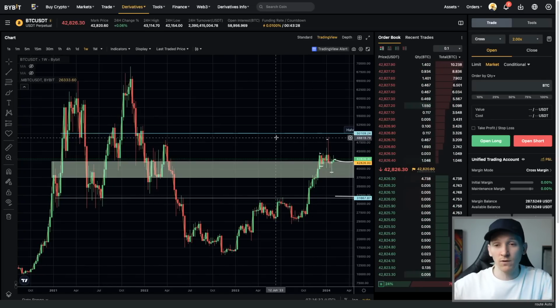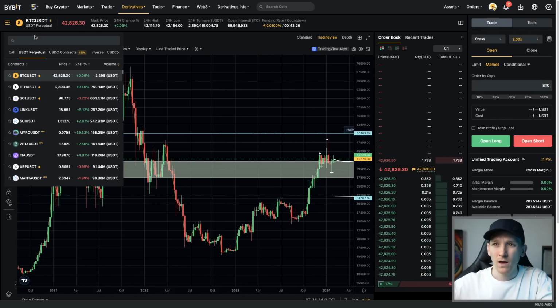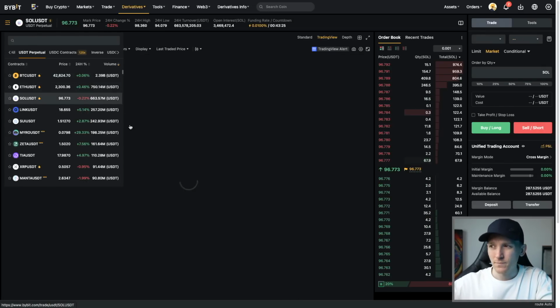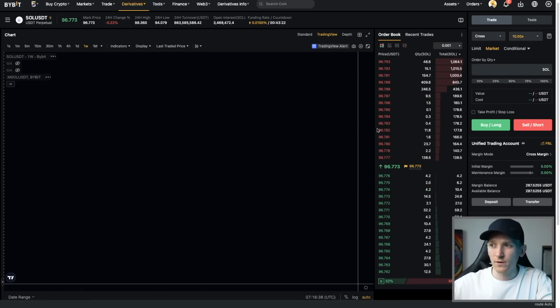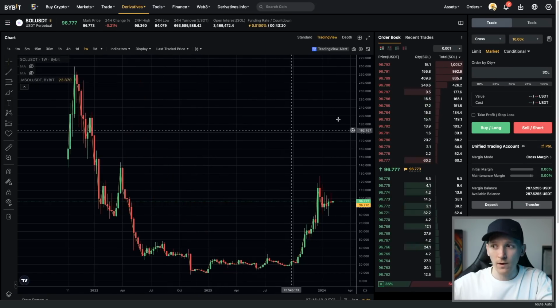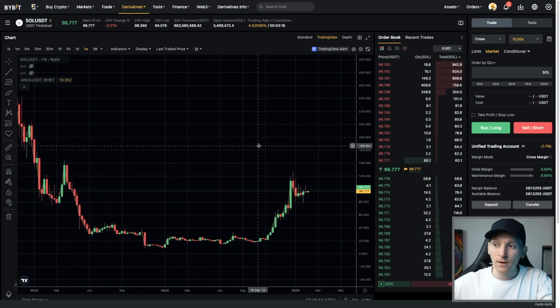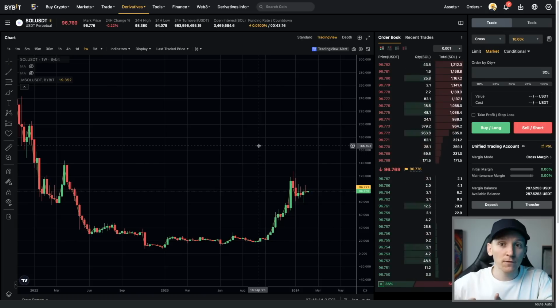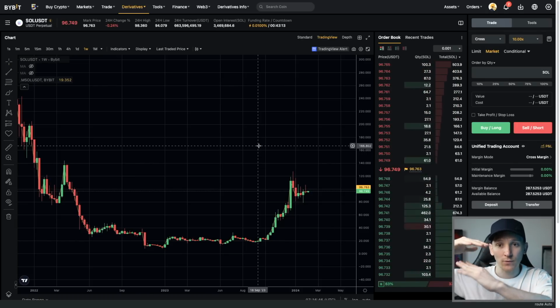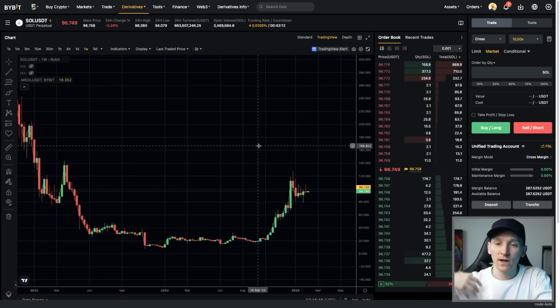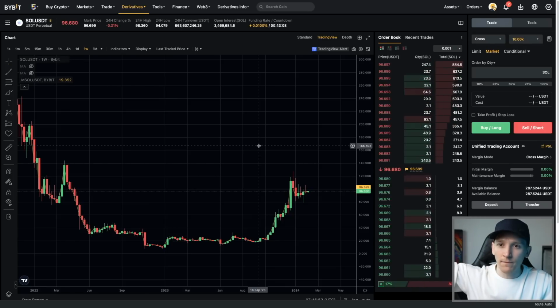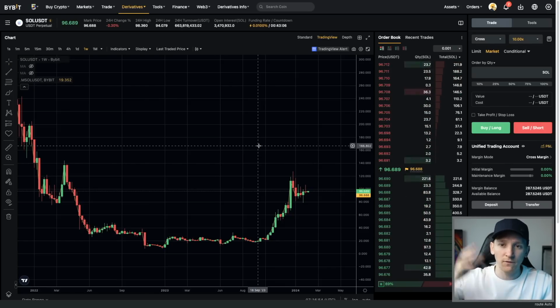So because we have a unified trading account, I'm going to go to Solana. Solana is an altcoin that's performing very well right now. And in a bear market, most altcoins tend to bleed value. That delta gets bigger. So we can wait for that bear market to happen, right? It's very obvious when it happens.